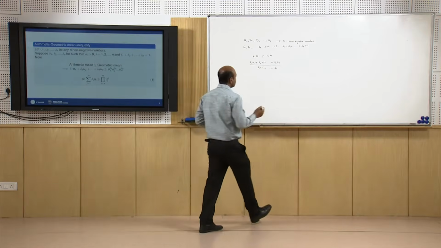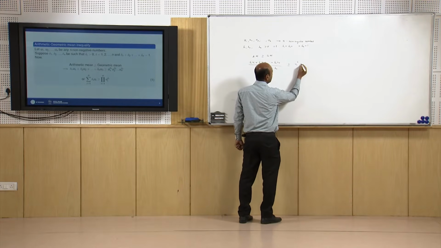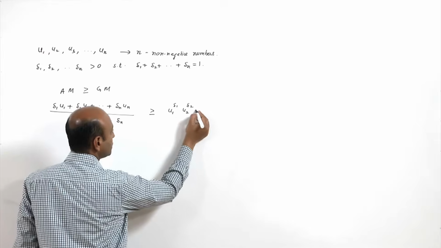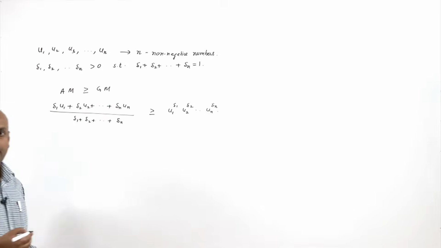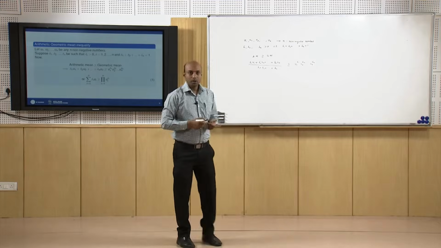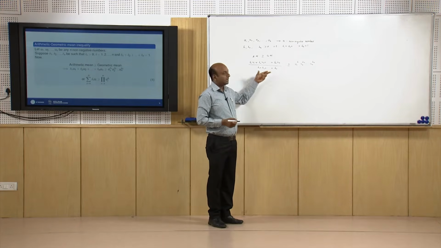The arithmetic mean of these numbers is greater than or equal to u1 raised to power delta 1, u2 raised to power delta 2, and so on up to un raised to power delta n. This is the geometric mean of these numbers, by the arithmetic mean greater than or equal to geometric mean inequality.